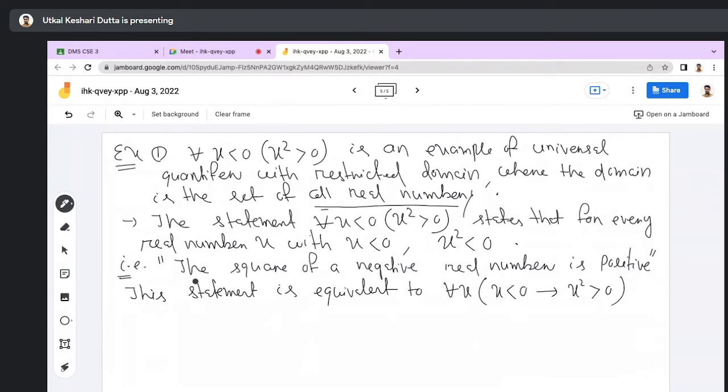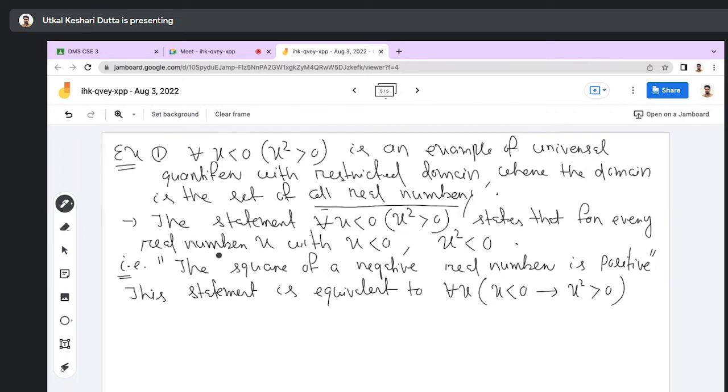This statement, for all x less than 0, states that for every real number x. We have given that the domain is the set of all real numbers. So instead of for all, we can use for every. For every x, x means x is a real number.